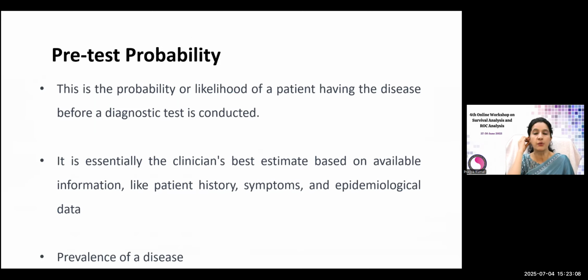So now coming to another concept, which is the pre-test probability and post-test probability. What is pre-test probability? Even without ordering the test, through clinical judgment or based on the prevalence, I can say what is the probability that this person will have the disease.